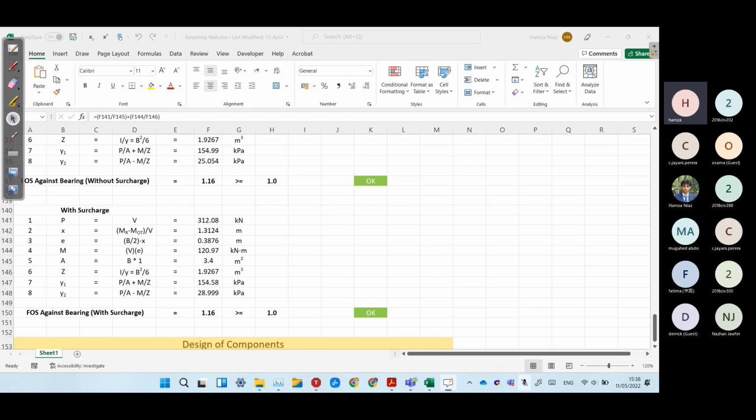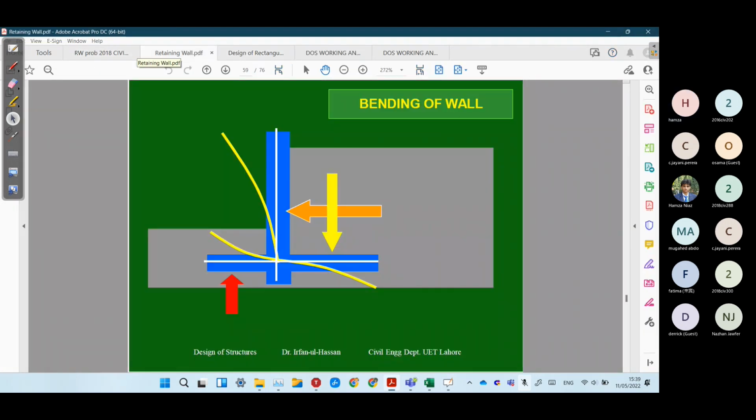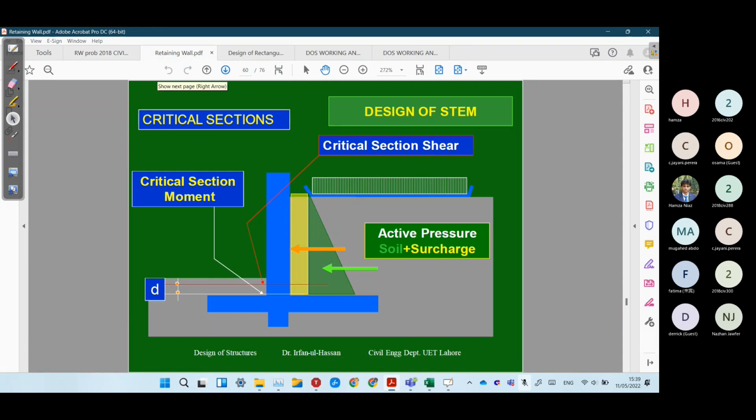So for the stem, if we look at this portion, the critical moment section occurs at the face of the stem. So whatever load we are going to take, we are going to take only up to the face of the stem.